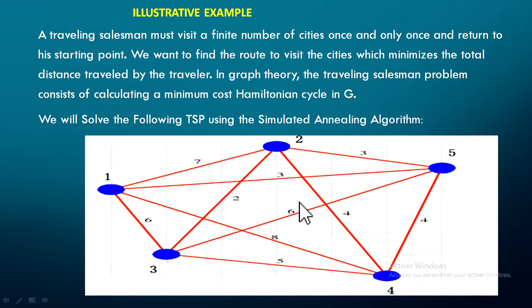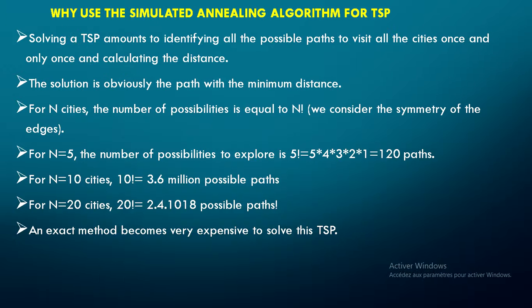This illustration of the TSP is a graph with points, and the points are interconnected. Solving a TSP amounts to identifying all the possible paths to visit all the cities once and only once, and calculating the distance. The solution is obviously the path with the minimum distance.